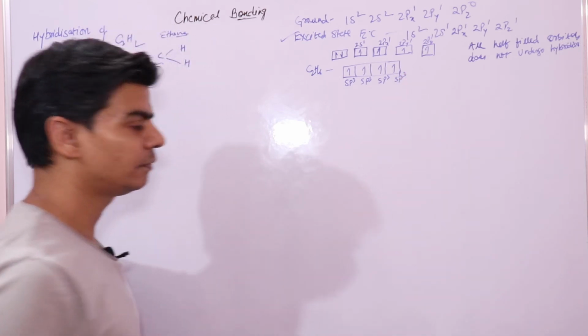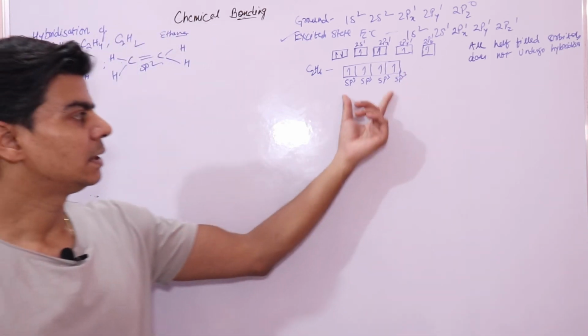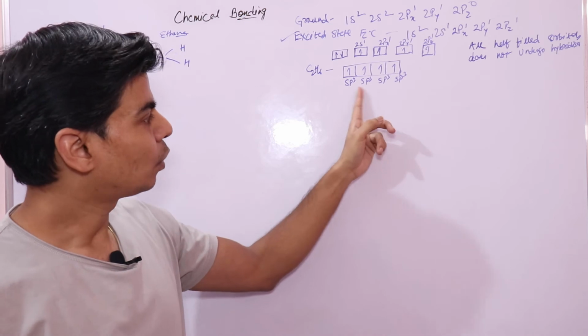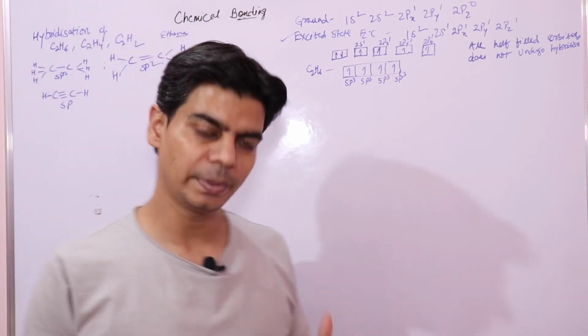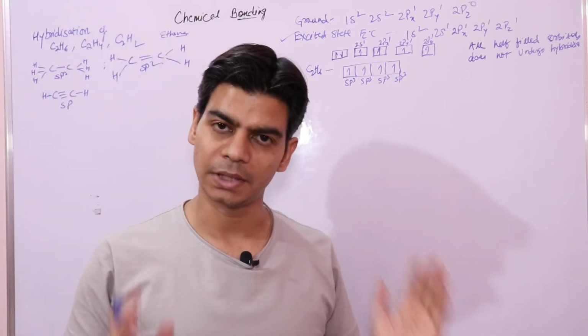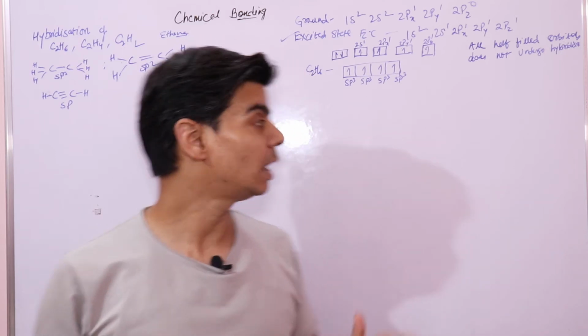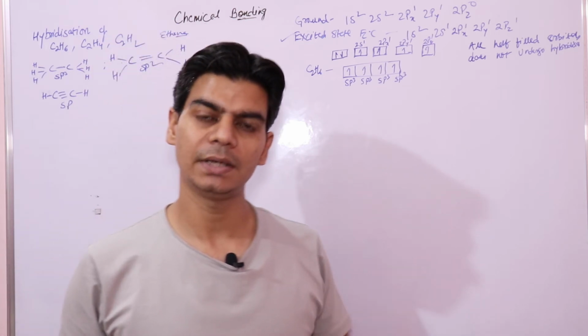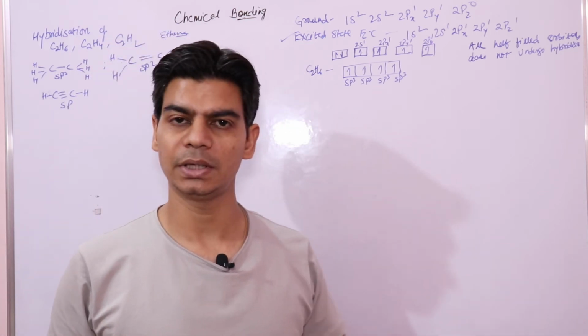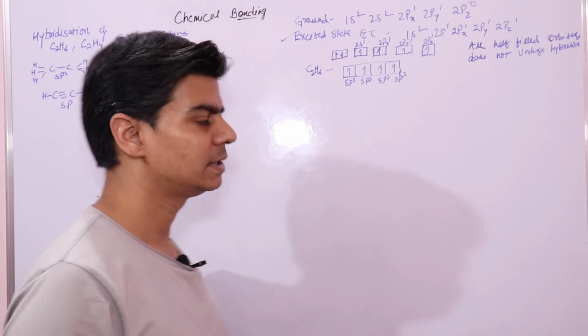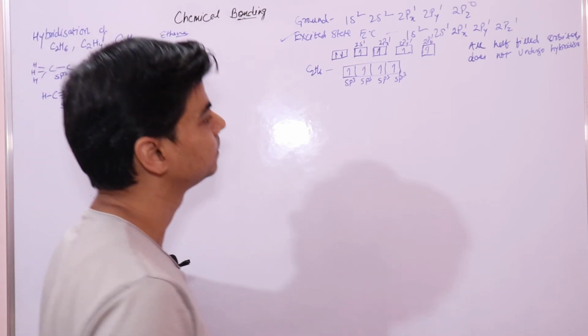And now we know from previous video lecture that in sp3 hybridization, all the 4 hybrid orbitals would be directed towards the corners of a tetrahedron, right? And the angle between any two sp3 hybrid orbitals would be 109 degree 28 minutes, or what we say is 109.5 degree.